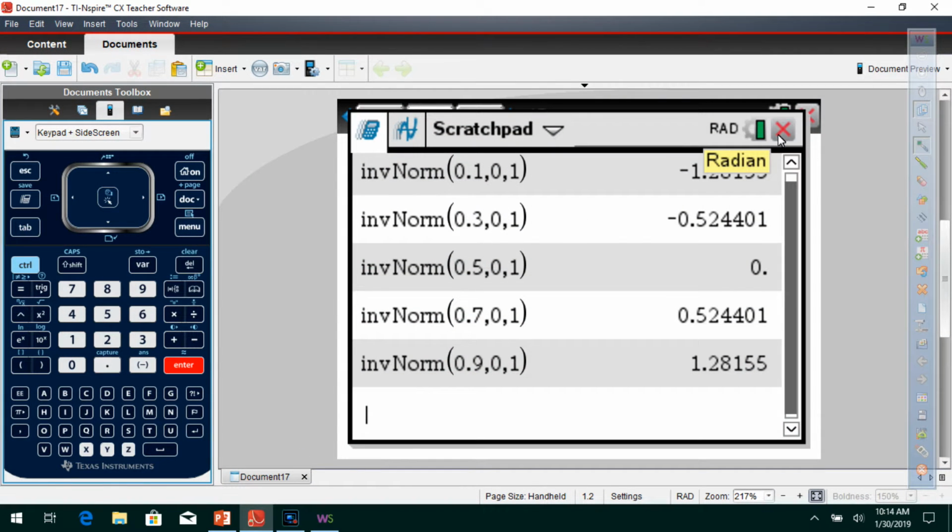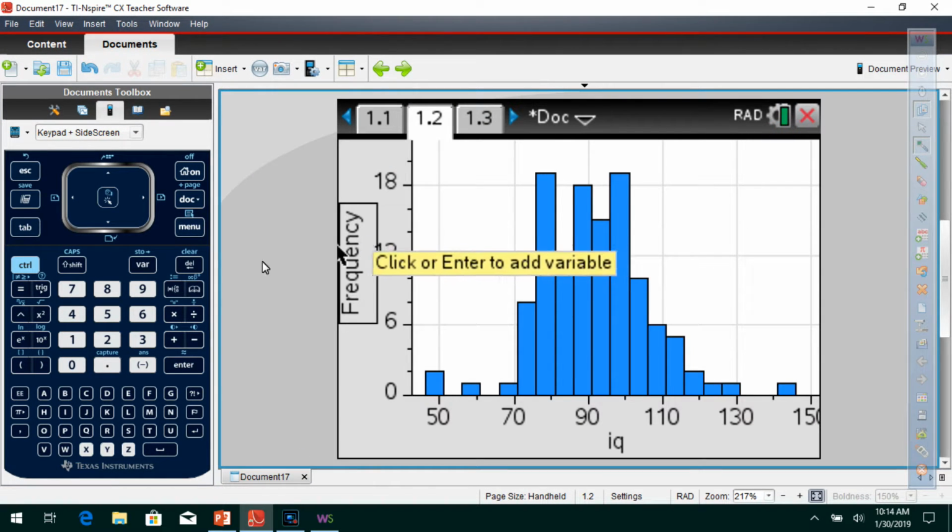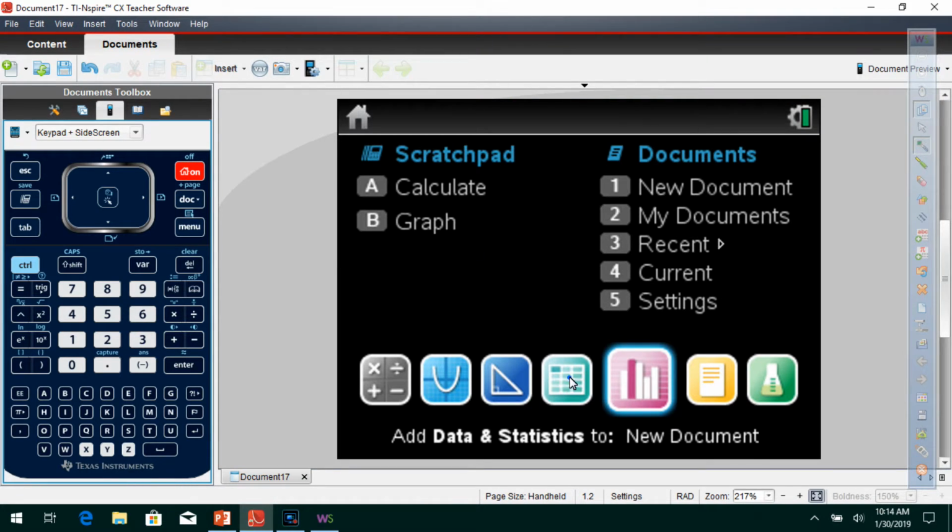So let's go plot those points. We need a new page.